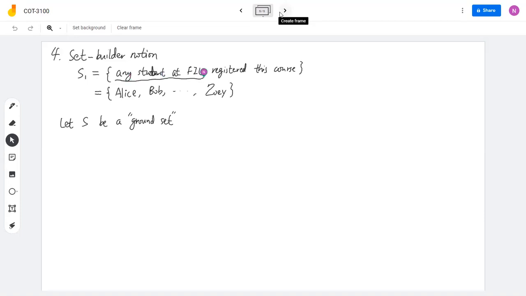Okay, and let S be a ground set, and P(x) is a property that all elements in S may or may not satisfy.